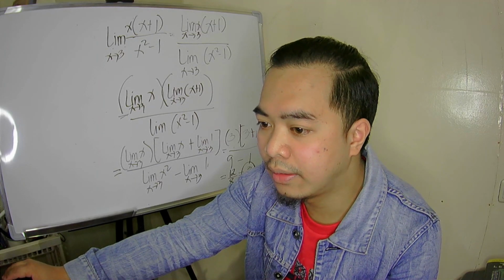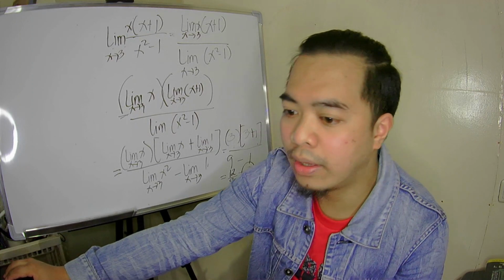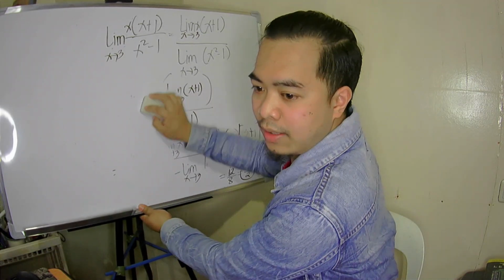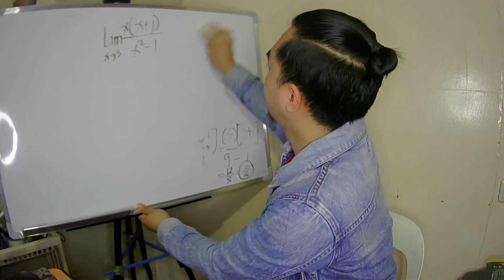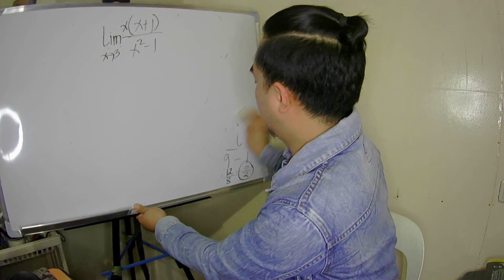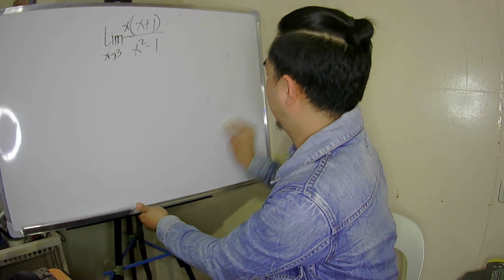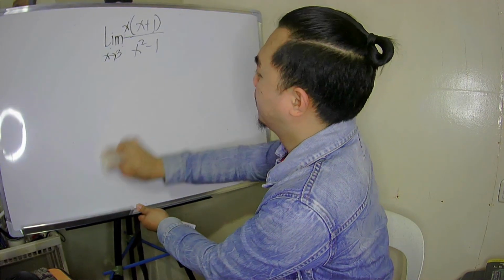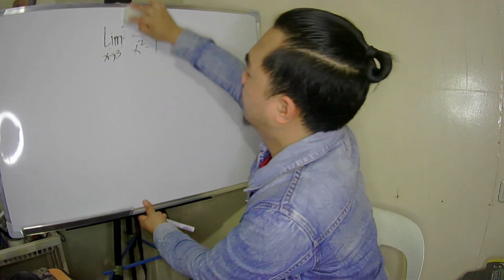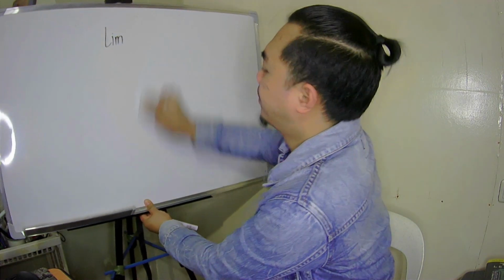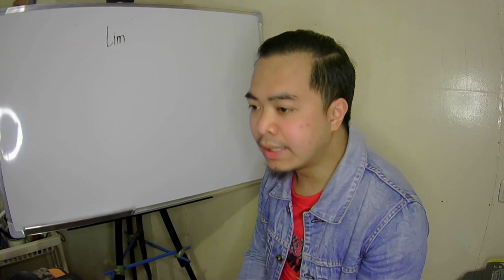May I ask someone to read the second strategy? For polynomial functions, the limit is simply the value of the function, which means we simply implement the substitution. Yes. For a polynomial function, we should know what a polynomial is.